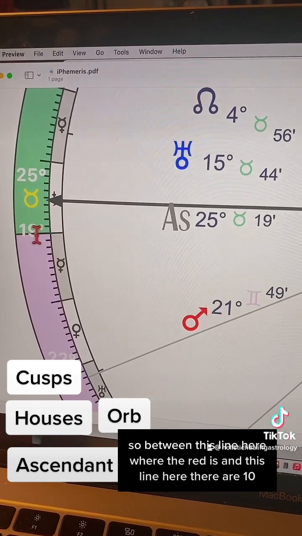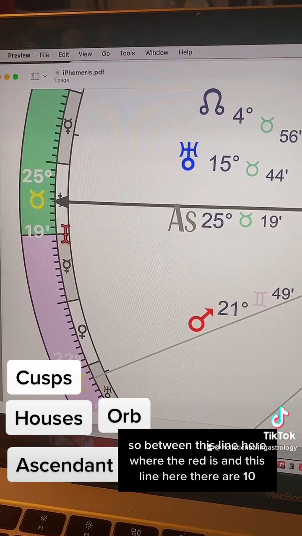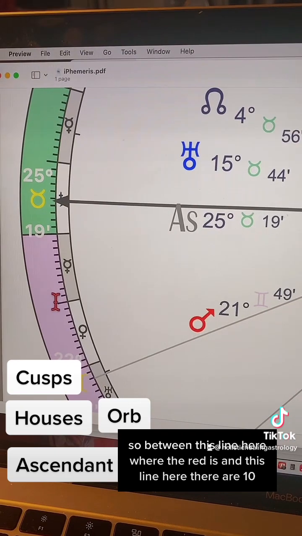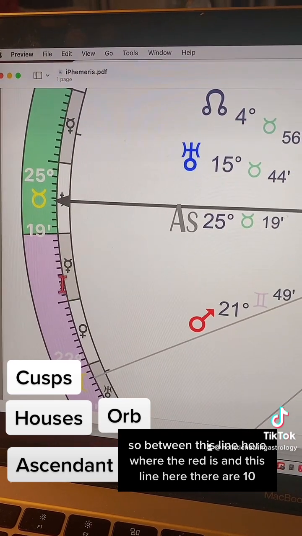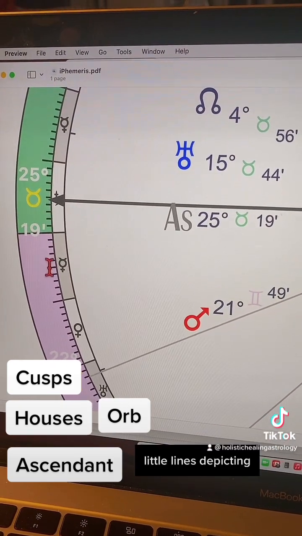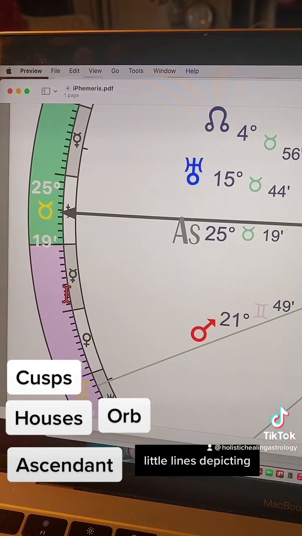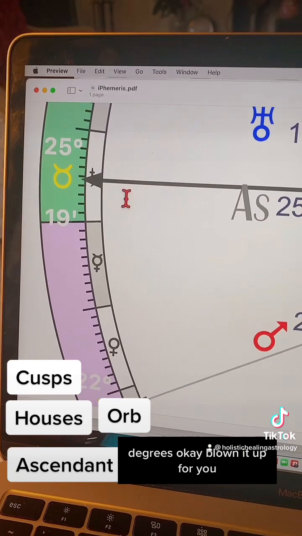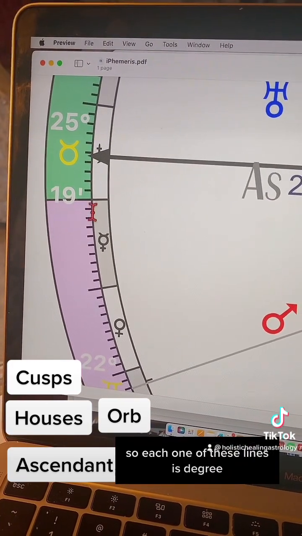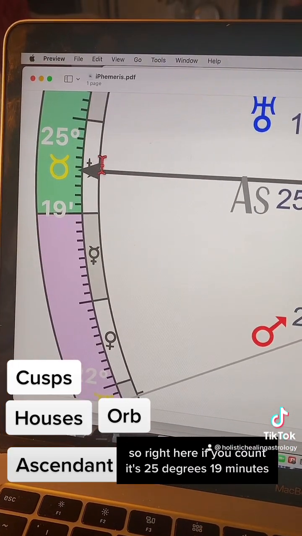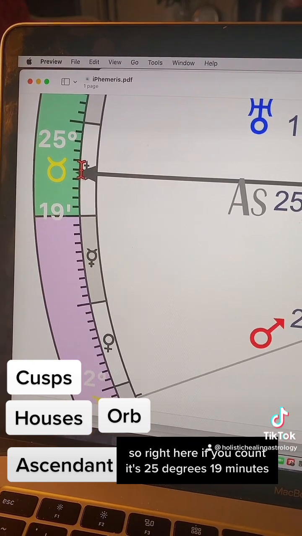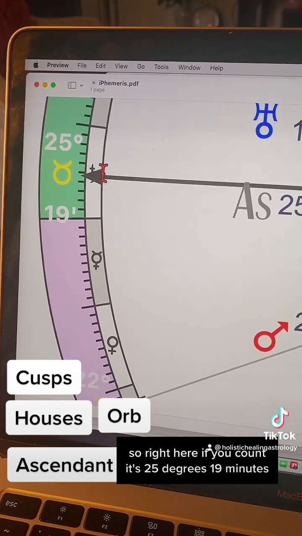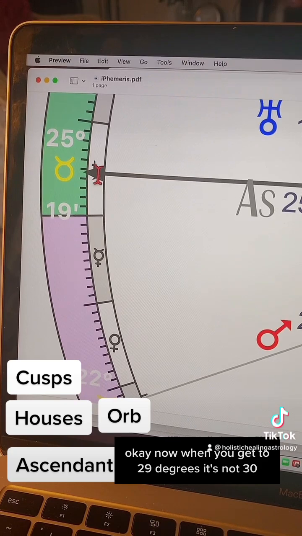So between this line here, where the red is, and this line here, there are 10 little lines depicting degrees, okay? I'm blowing it up for you. So each one of these lines is degrees. So right here, if you count, it's 25 degrees, 19 minutes, okay?